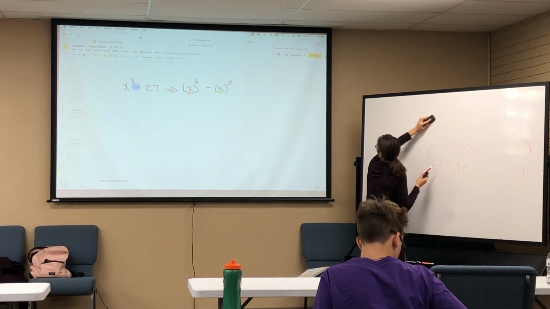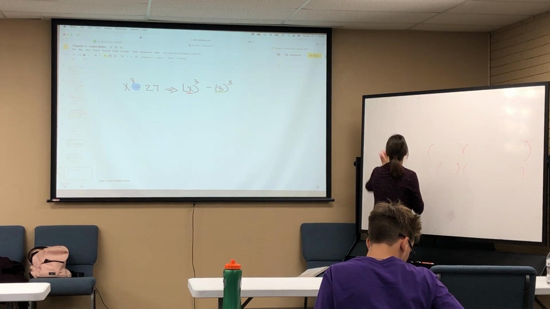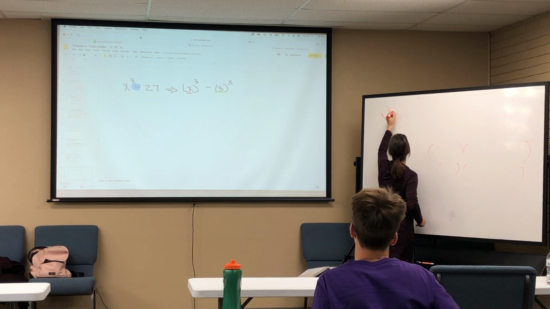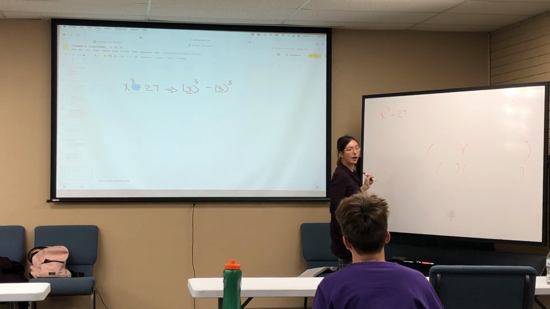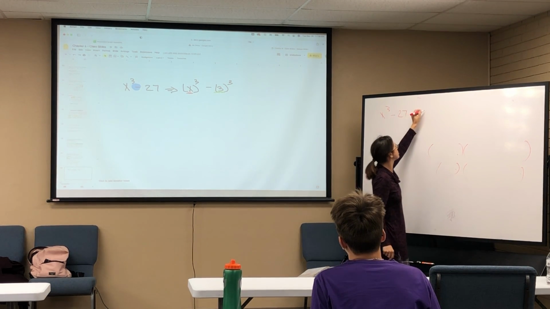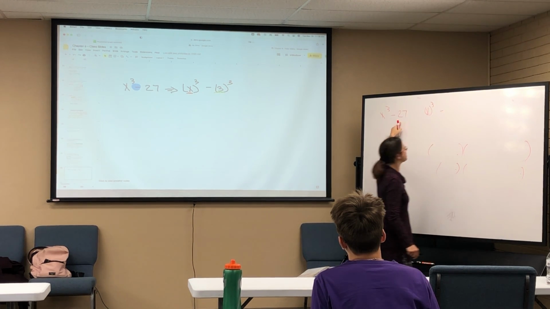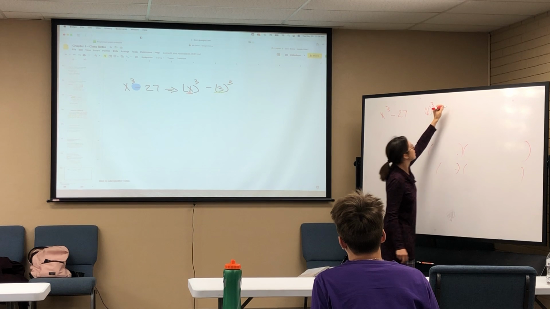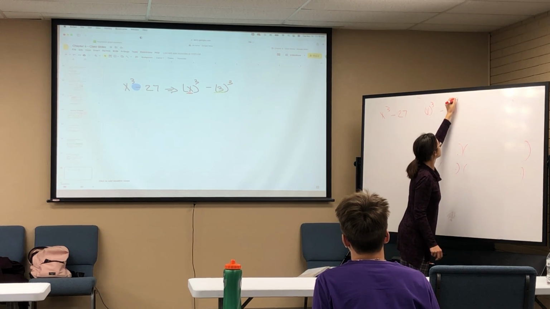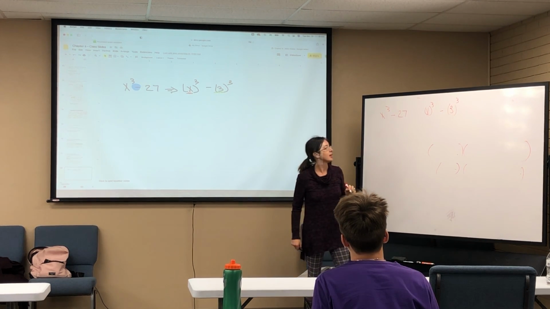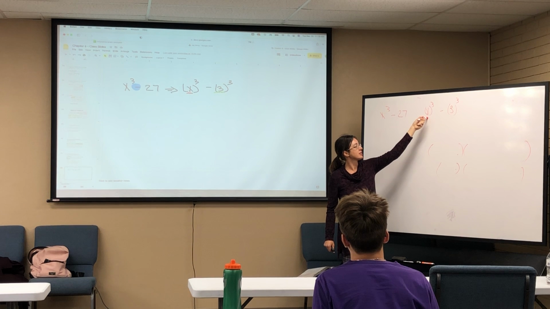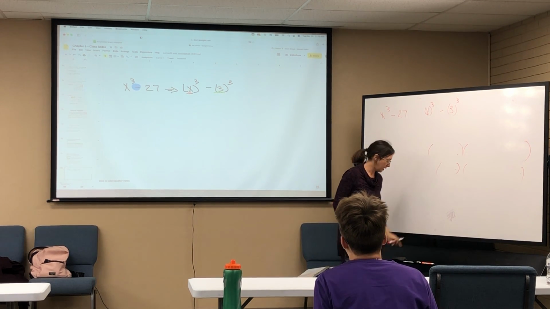The first thing that we're going to do when given x cubed minus 27 is to rewrite it as a difference of cubes. So I've got x cubed minus, and 27 is what? I have it up there. 3 cubed. Okay. So now we have our bases, x and 3.